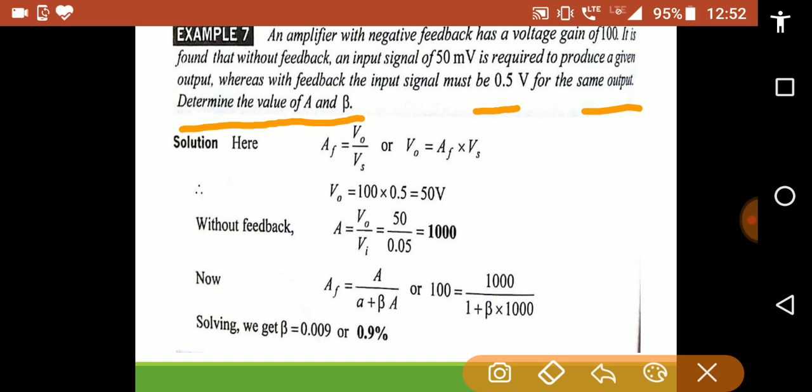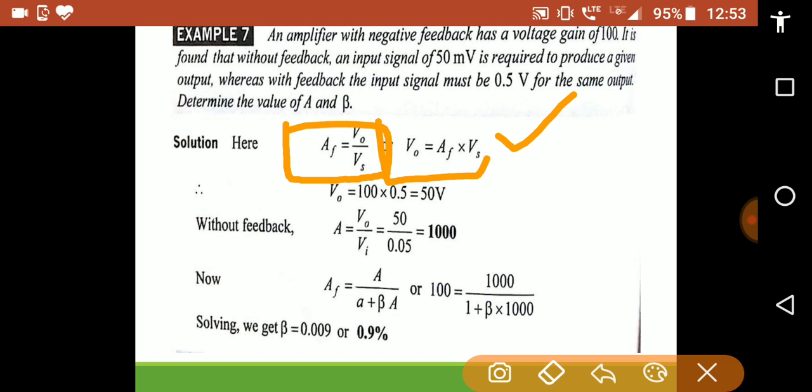So we know that the gain with feedback AF equal to VO by VS. So VO equal to AF into VS. So VO equal to 100 multiplied by 0.5, because gain with feedback is 100 and input voltage is 0.5 volt.